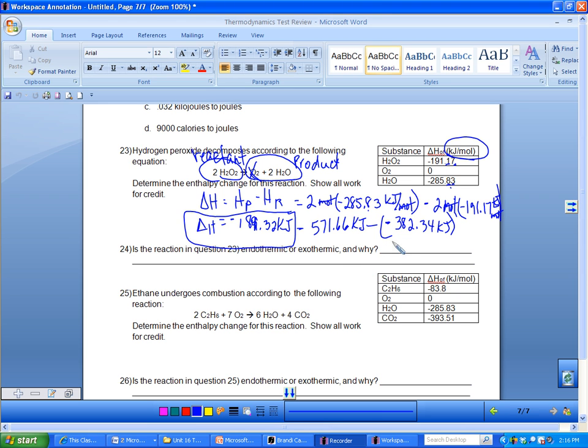Well, it came out negative, which means that heat is given off, so negative sign indicates heat is given off. So this reaction is exothermic.